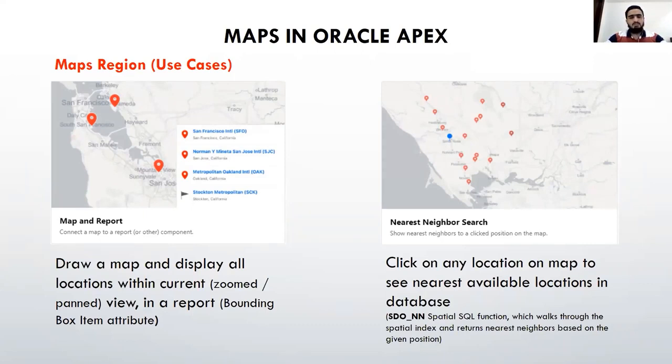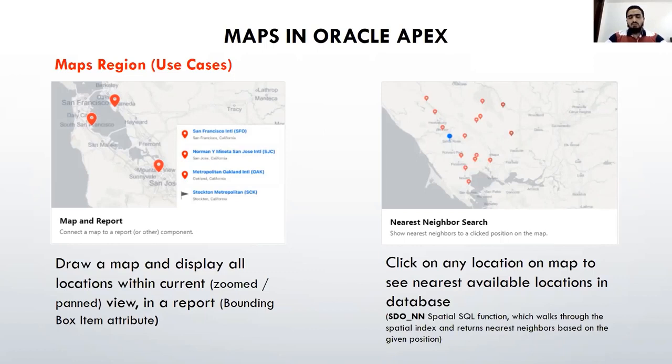We can pass different types of parameters also. We can mention the radius, specifically in which region of the map, or what the radius from that point should be where locations should be shown, and how many data points we will show related to that specific point.